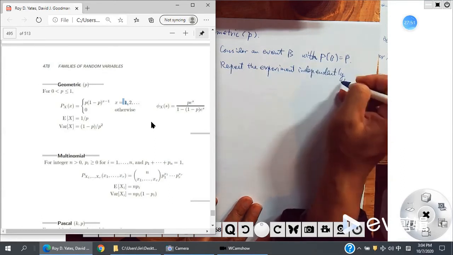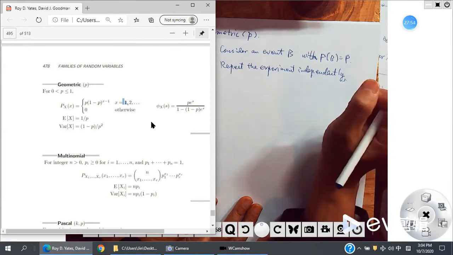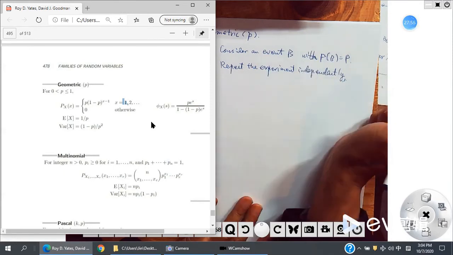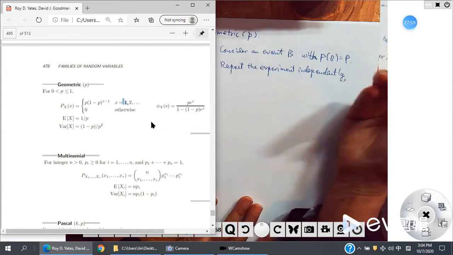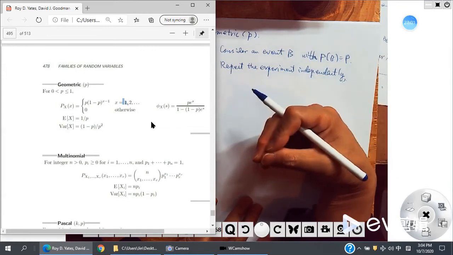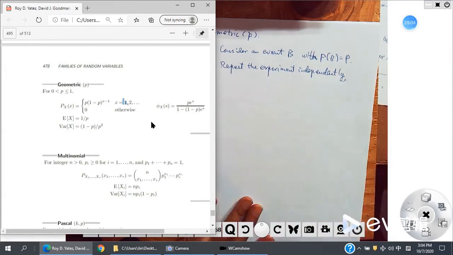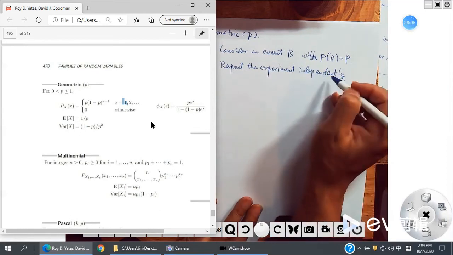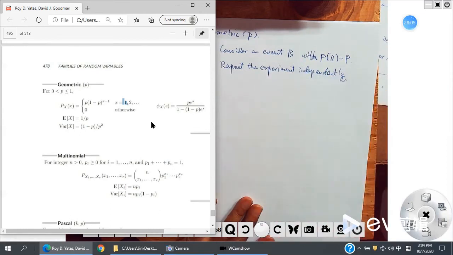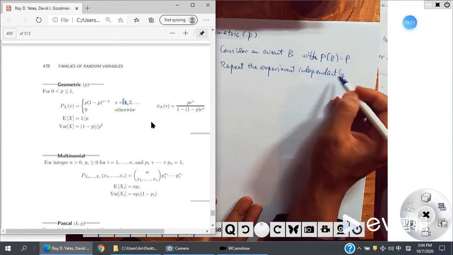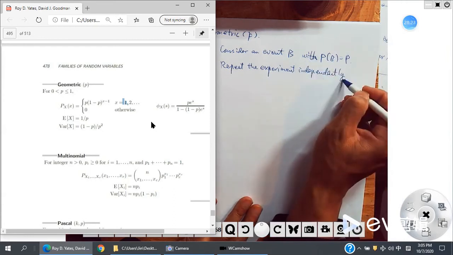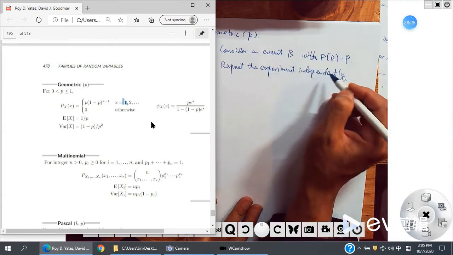For example, if you take something out of the box, every time you record your result, like you got a bar, and you record what kind of bar you got, and you put that bar back. That's independent. If you do not put it back, you just keep it in your hand, then the material in the box will change, right? Then the probability will also change. So here we suppose independence. We repeat the experiment independently.